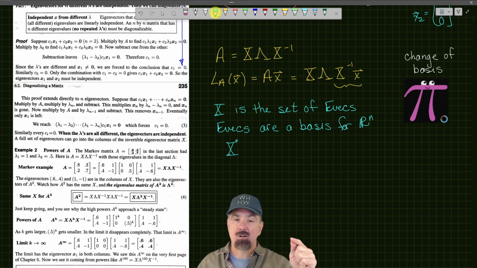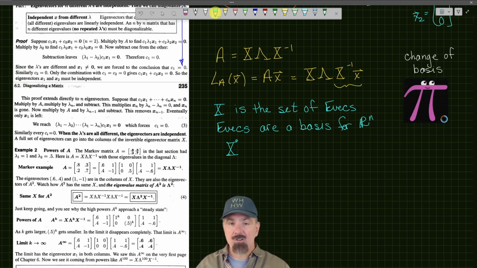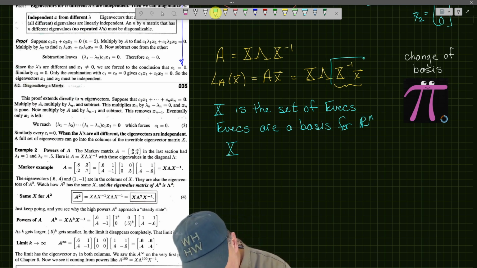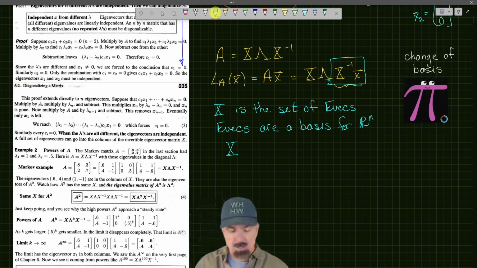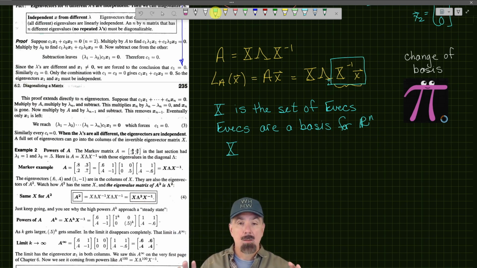Relate this back to Sanderson's video. So this is the new set of basis vectors written in the standard basis. In order for us to transform from the standard basis into the eigenvector basis, we multiply by X inverse. So this seems backwards, but in fact, this is the way we're going to do it.